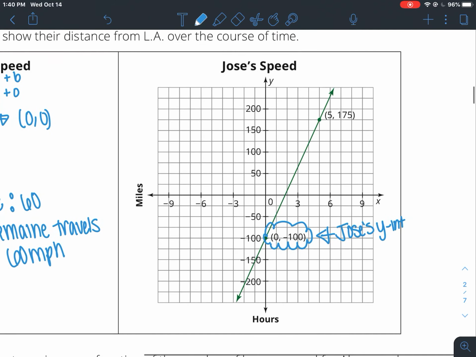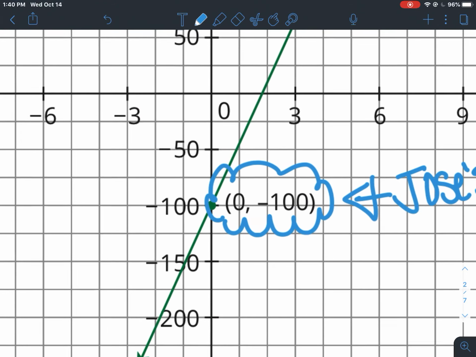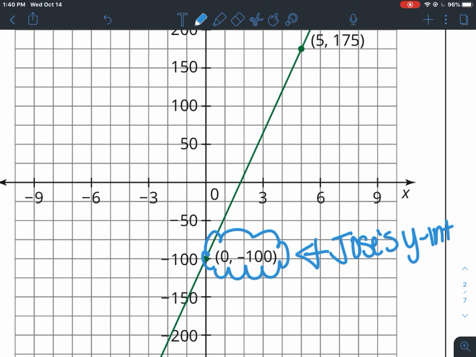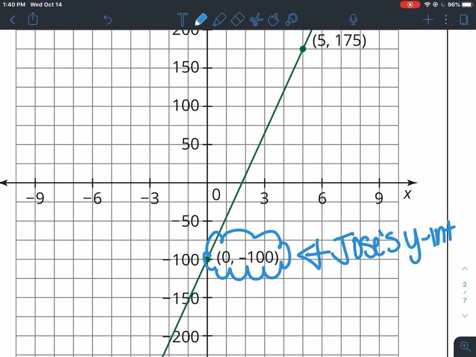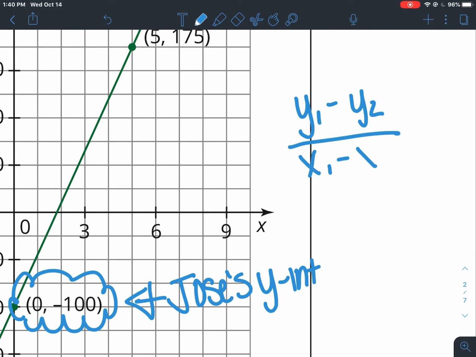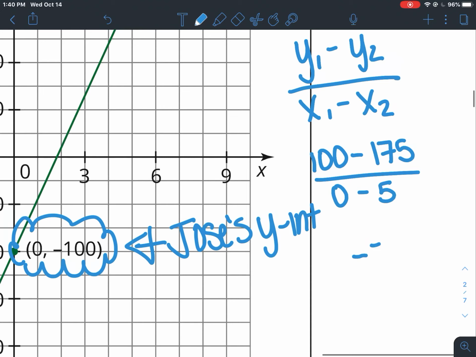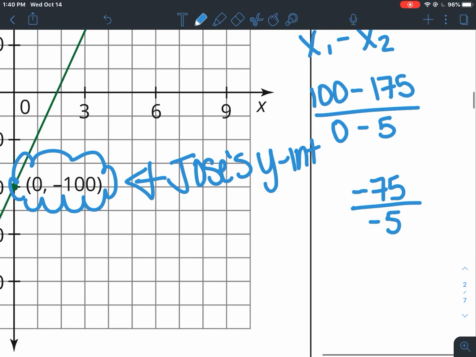And then if we look at Jose, do we have any nice points? No, not really, just the 2 points given. So let's use the formula y1 minus y2 over x1 minus x2. So we have 100 minus 175 over 0 minus 5.